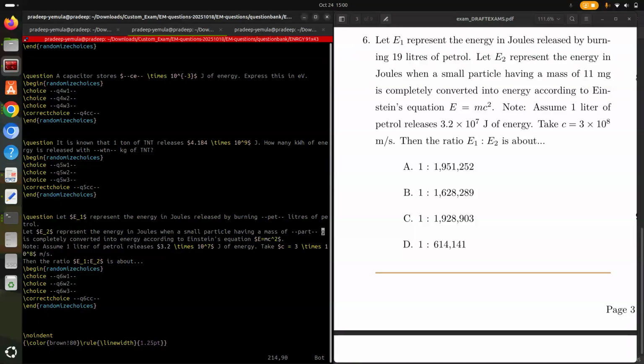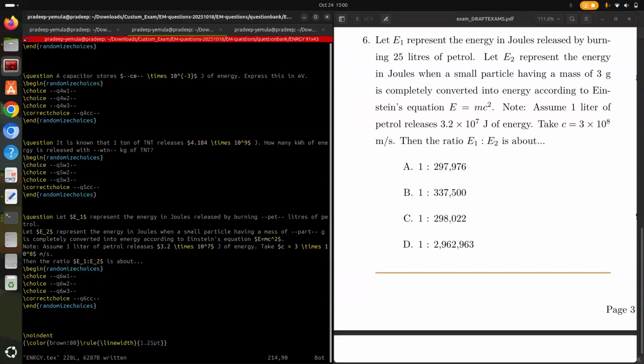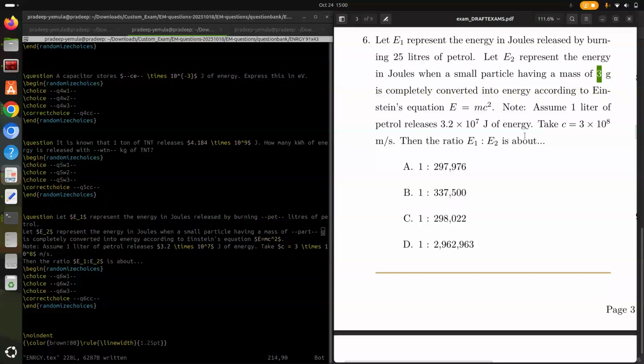Those who attended the last class will know. What the software will do is insert some numbers automatically. So earlier it was 28, now it became 25, and here it became 3 grams. These two are constant, so they will remain the same.